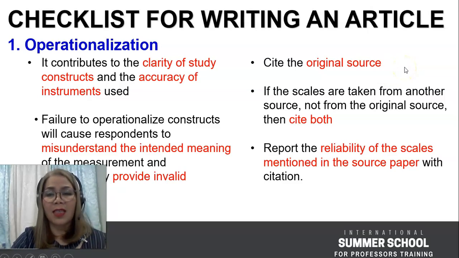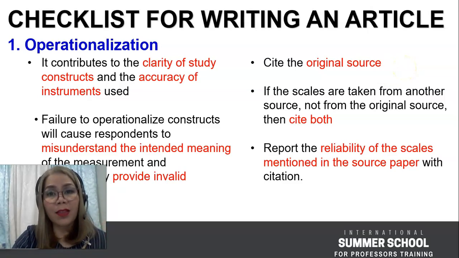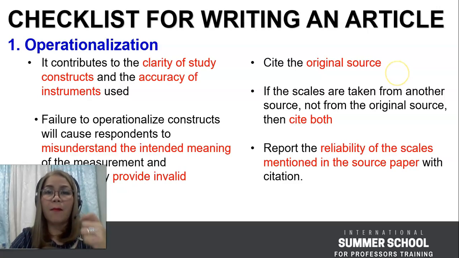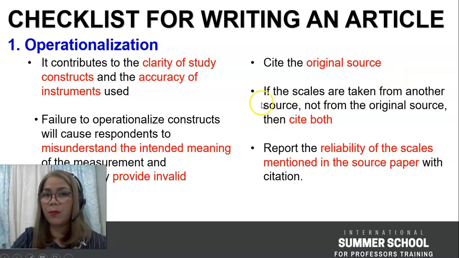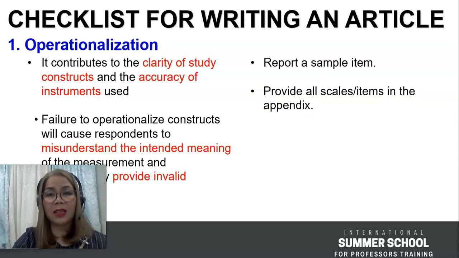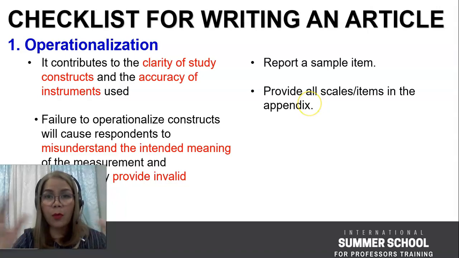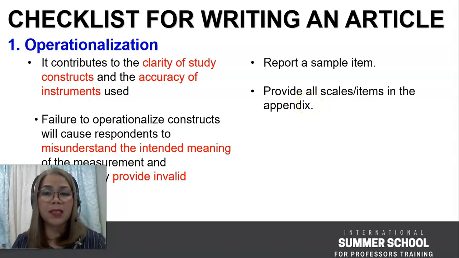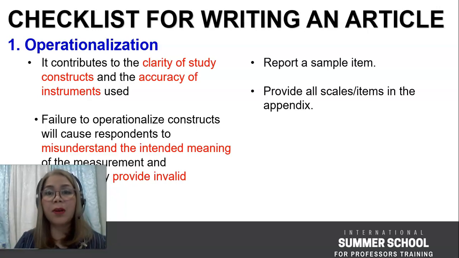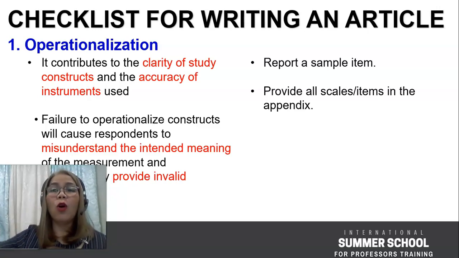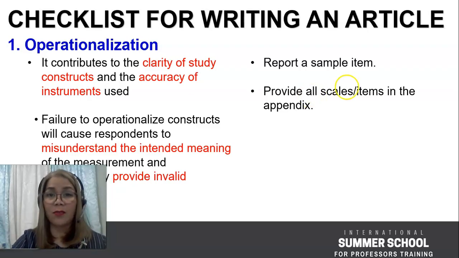In the case that the scale is taken from another source and not from the original developer of that scale, then we cite both the one that we are citing and the original source. It is also important that we report the reliability of the scales measured in the source paper that we are borrowing. Because we are limited by the number of pages, report only a sample item per variable, and then provide all the scales and the items in the appendix of your paper.